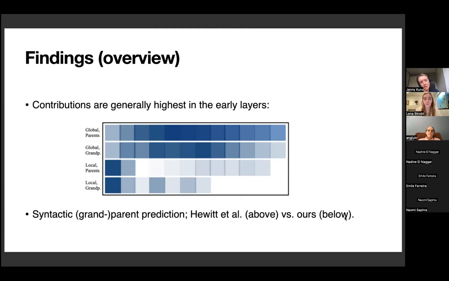I am not using controls for this, but of course what you're saying explains this phenomenon that higher layers perform worse at the lower level tasks, where you operate more on the word level.